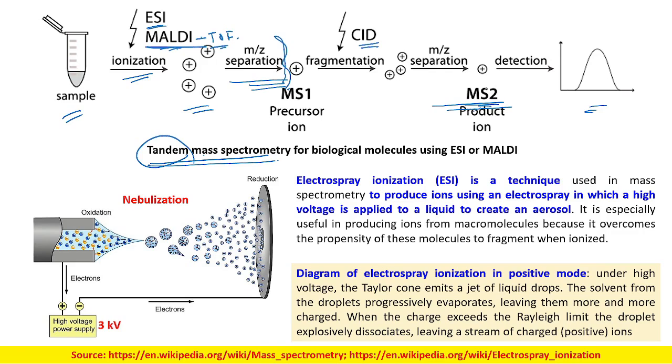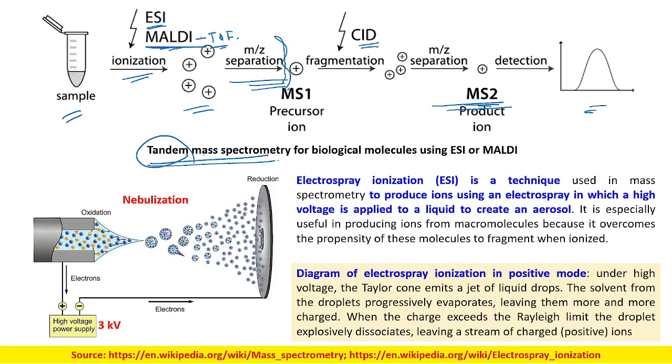So in tandem mass spectrometry, you will be having two spectrometers, one after the other. In the first stage you will be doing some analysis, and then in the second stage you will go for further analysis. Why is it important in DNA and protein analysis?